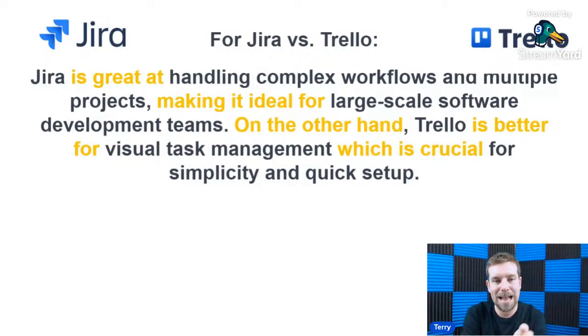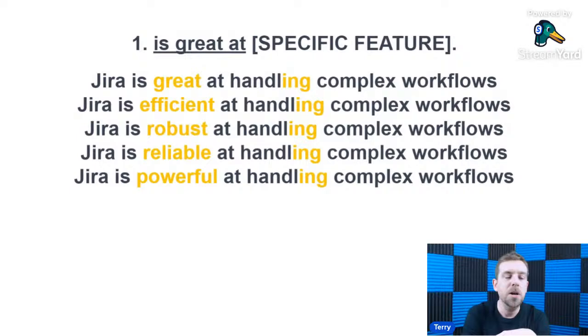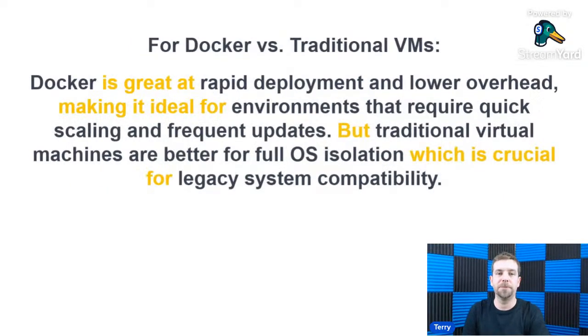Jira is great at handling, the ing, yeah? We could use different words. We don't always need to use great: Jira is great, efficient, robust, reliable, powerful. And again, if you have the adjective at, you must have a verb and ing, okay?